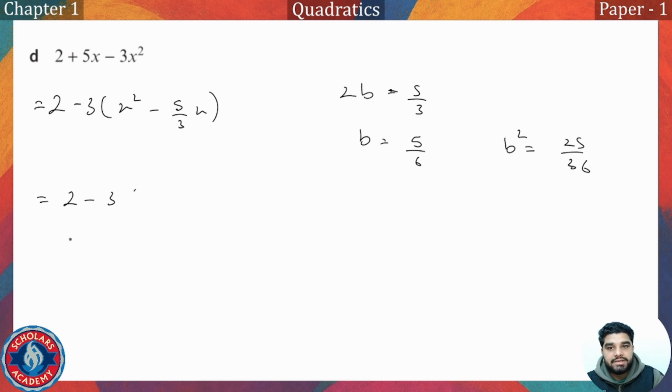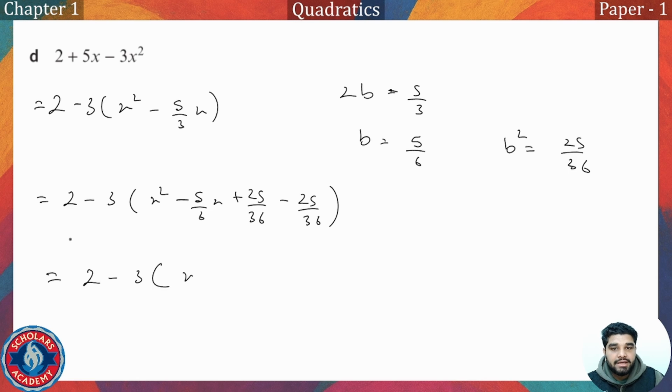2 minus 3 (x square minus 5 by 3x plus 25 by 36 minus 25 by 36). Alright, so what we get is 2 minus 3 (x minus 5 by 6 whole square), and we'll bring this outside.